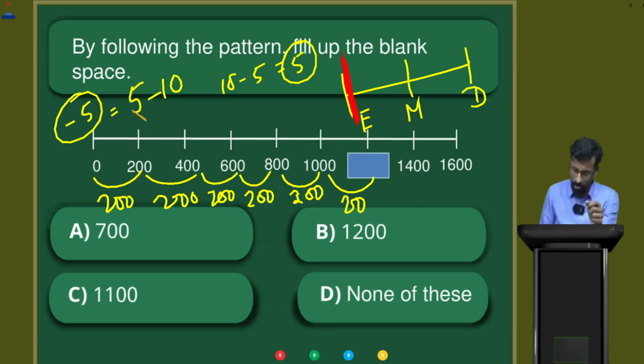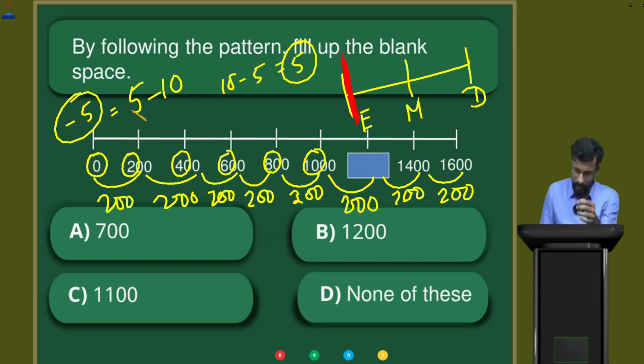So it should be 200, 200, 200. We are adding 200: 0 plus 200 is 200, 200 plus 200 is 400, 400 plus 200 is 600, like this. So 0, 2, 4, 6, 8, 10, and then after it will be 12, isn't it? So option number B will be the correct answer. Is it an easy question?